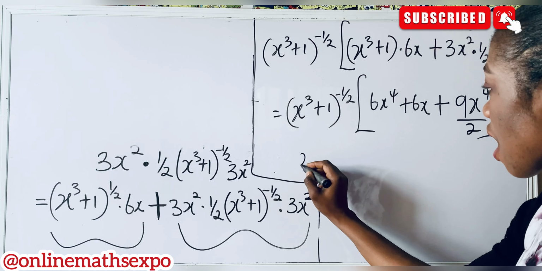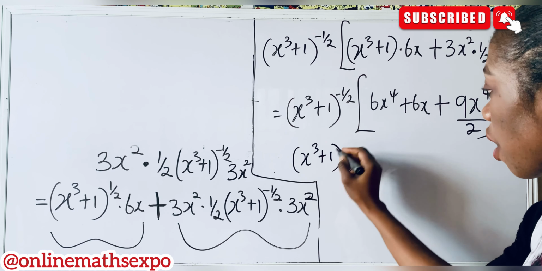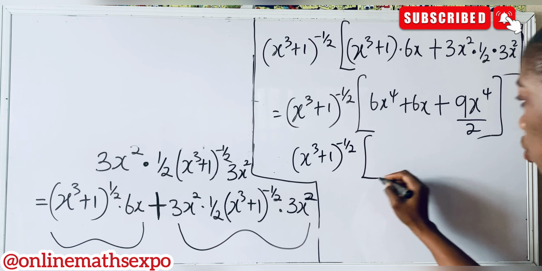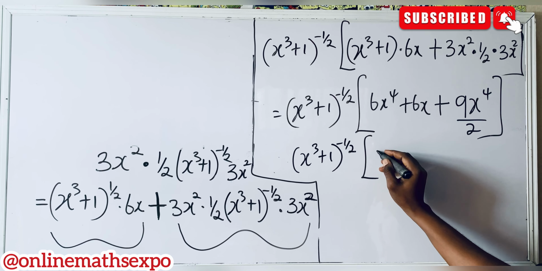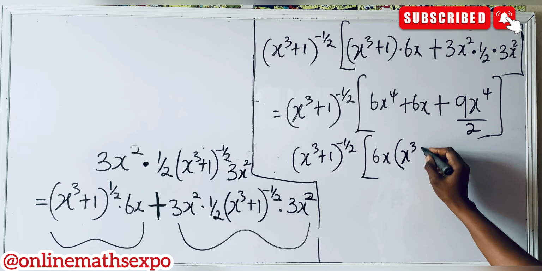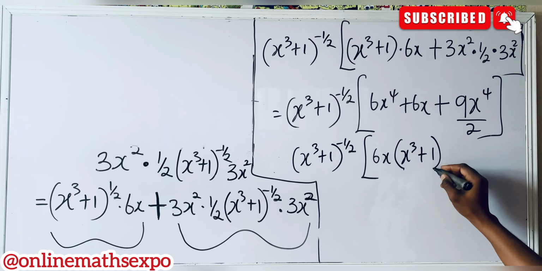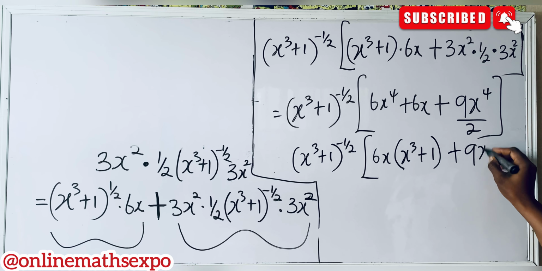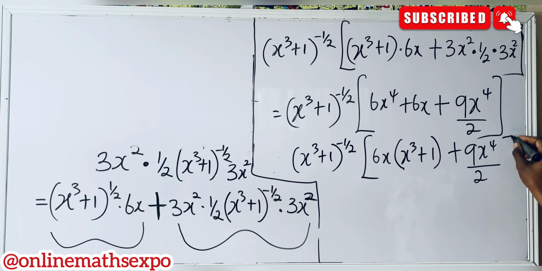This will give us x cubed plus 1 to the power of negative half into, we can factor out here to give us 6x into, if you divide, you have x cubed plus, divide this, you have 1, okay? Plus 9x to the fourth over 2.